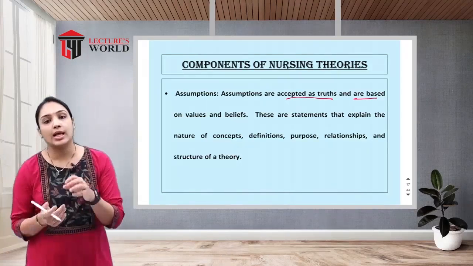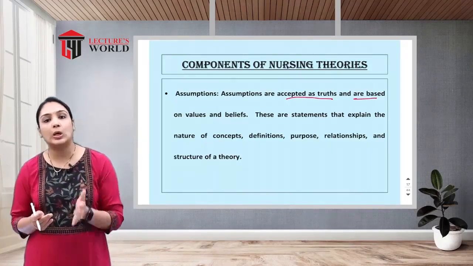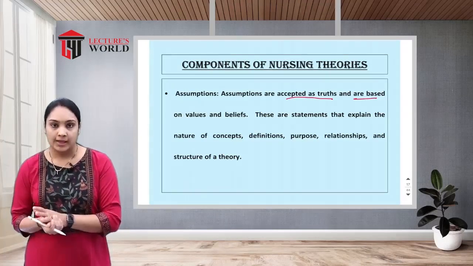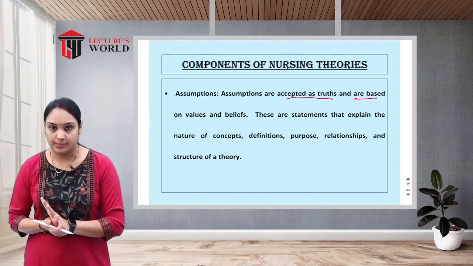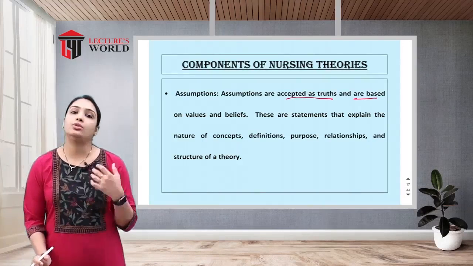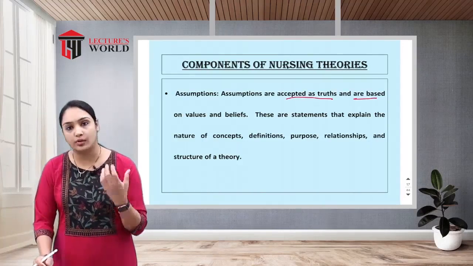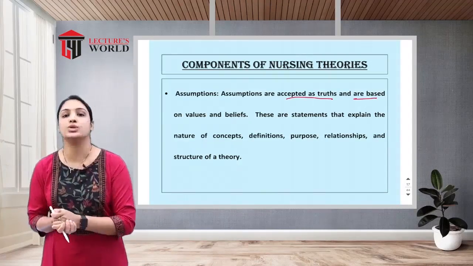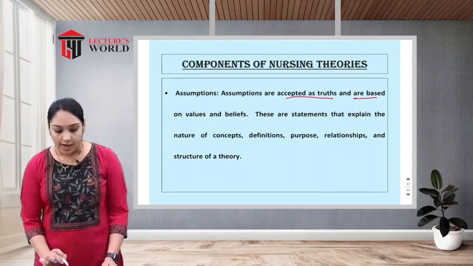Assumption means a particular statement or thing that we consider true even if it is not tested. According to our values and beliefs, we consider it true. That is known as an assumption.